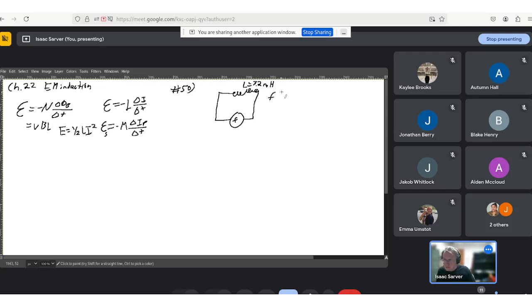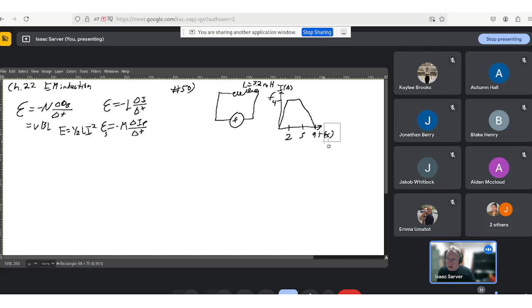This current as a function of time goes up to 4 amps. Oh, not in seconds, but milliseconds. So here, here, and here, this is 2, 5, and 9 milliseconds. It goes up to here, goes forward there, and then it drops down to there.